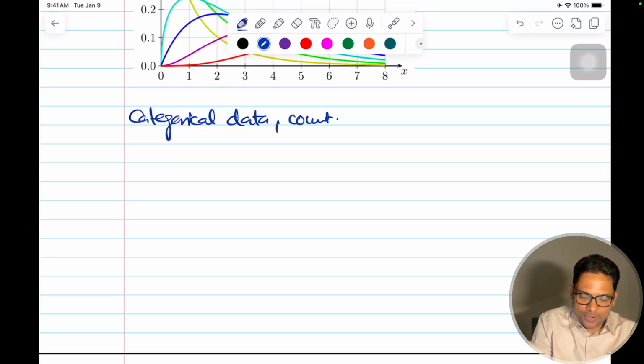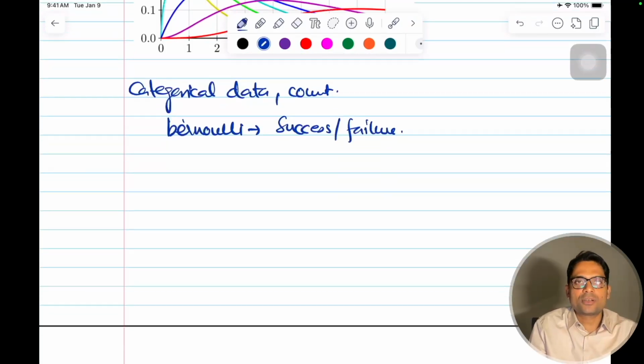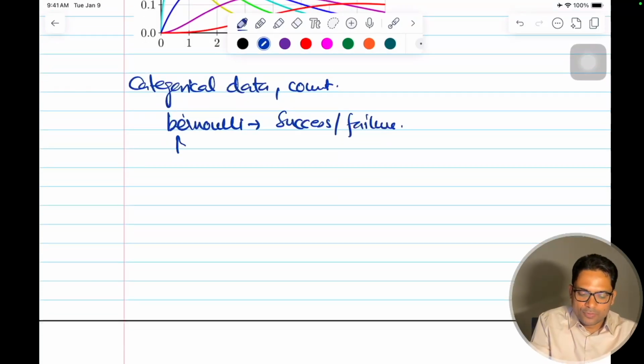For example, if you have a Bernoulli trial, it's binary: success, failure. You remember the generalization of Bernoulli was the binomial distribution for n trials.